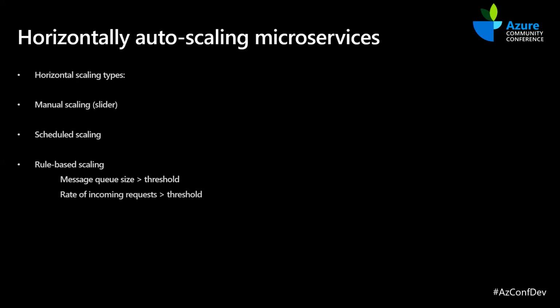Another one is, let's say you have a backend API and the rate of incoming requests is going beyond some threshold. At that point, you want to create multiple instances of that backend API to serve that traffic without a performance penalty. So rule-based scaling helps in that scenario. But in some cases it's better to use the built-in scaling rules.